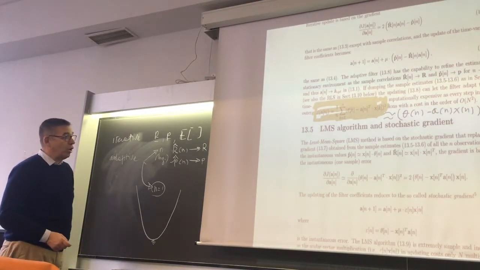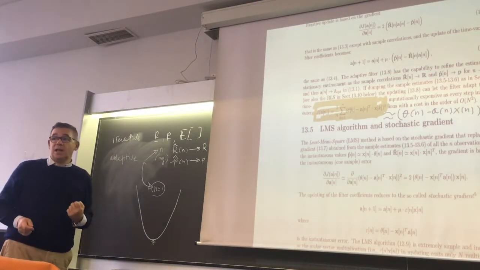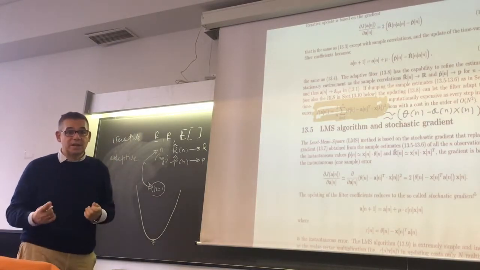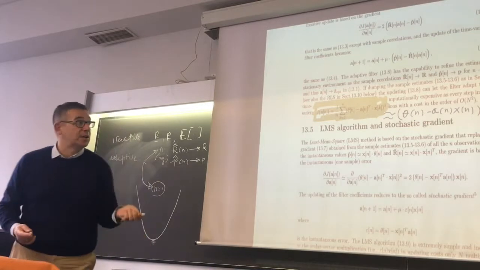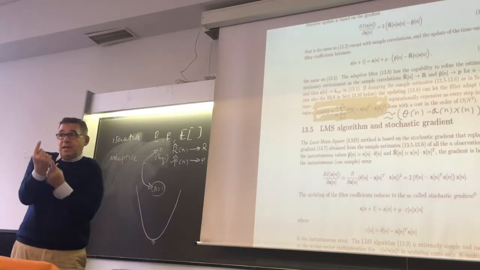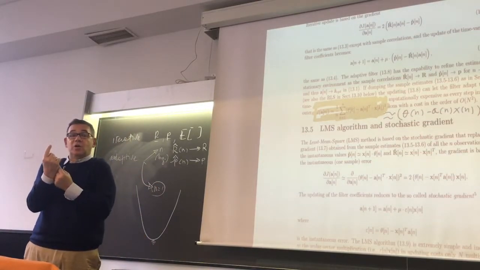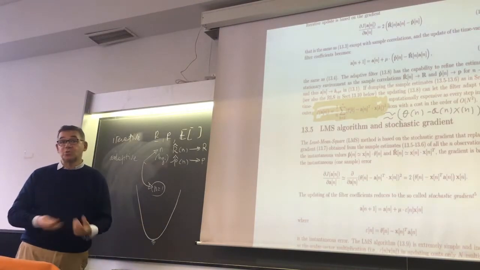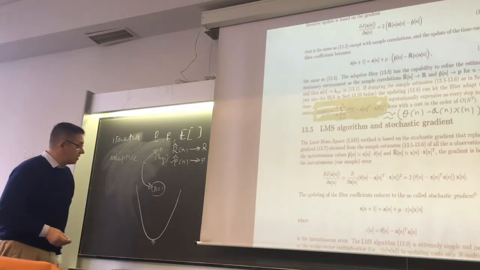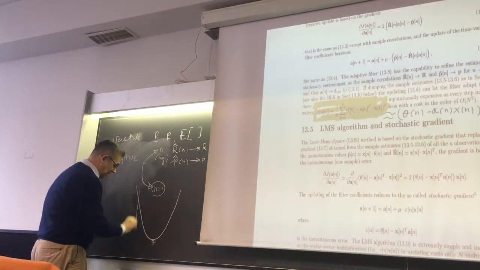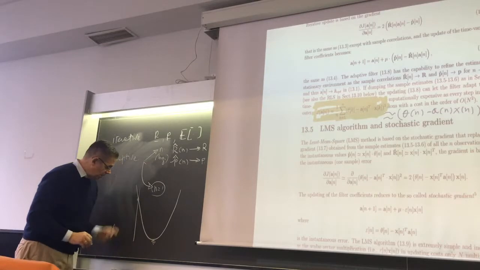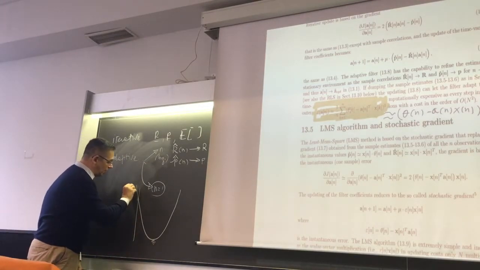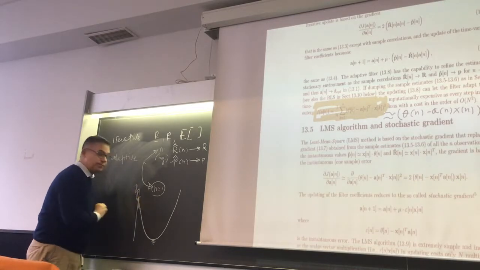Now, if I use the instantaneous error, because that one is the error computed by one sample only, my error surface is not that smooth. Imagine that I'm sitting here. I don't see a very smooth surface. It's equivalent to seeing a very bumpy one.